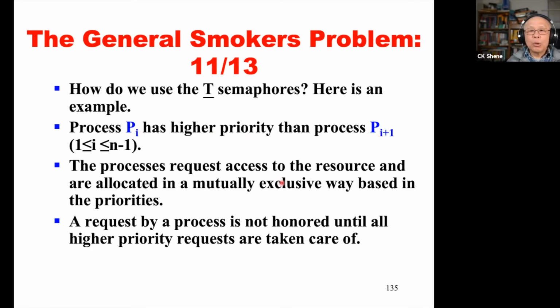So how do we use this priority to perform resource allocation? Here it is. Suppose we have only one resource. The processes request access to the resource and are allocated in a mutually exclusive way based on the priority.